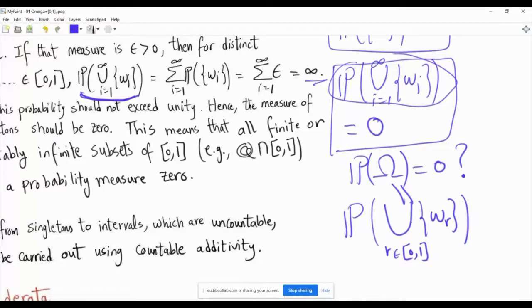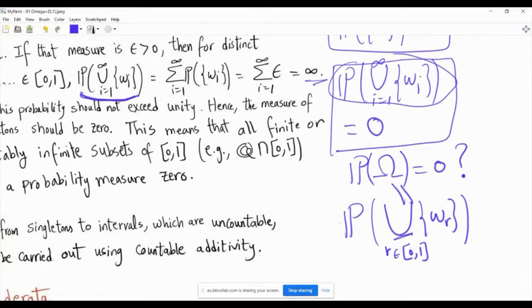It is not a finite union of the singletons, and it is not a countably infinite union of the singletons. The union we have right here is a union in which the index is a real number. The index belongs to a set with cardinality small c, which is strictly larger than aleph naught.